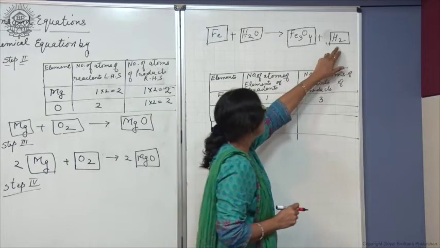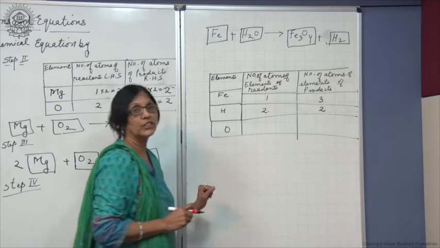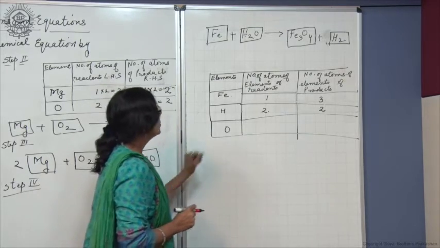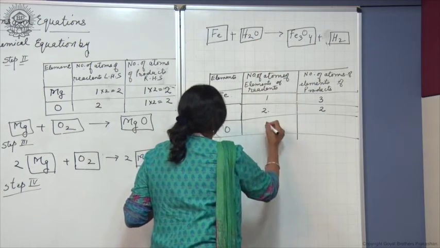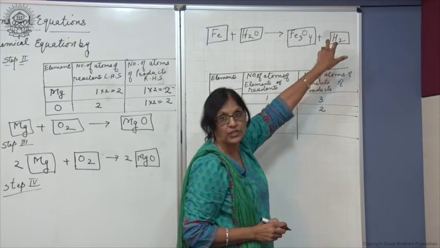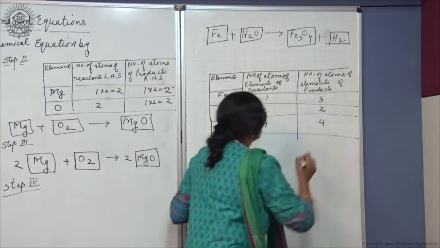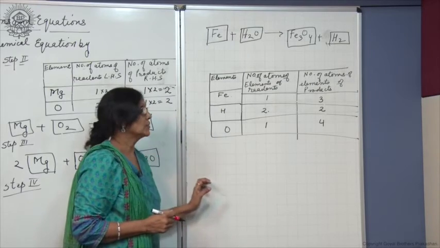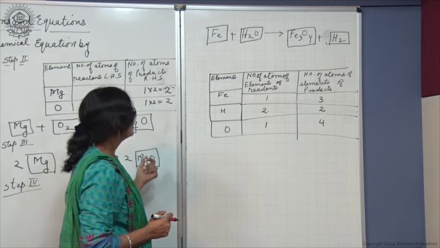On the right hand side there are also 2 hydrogen atoms. Oxygen atoms on the left hand side are 1 and on the right hand side, see, O4, 4 is written as a subscript, so there are 4 atoms. The equation is unbalanced. We need to balance the chemical equation.